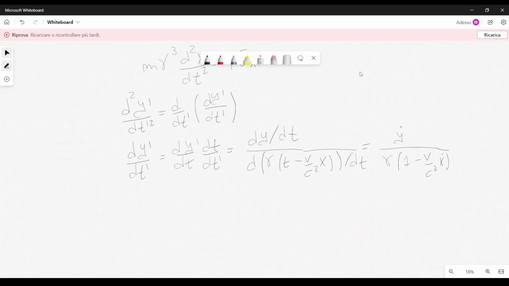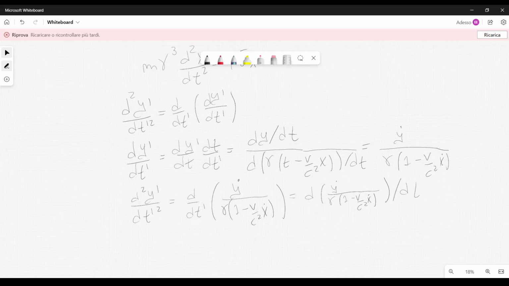and therefore we can calculate d squared y prime over dt prime squared, which is equal to the derivative with respect to t prime of what we just found, y dot over gamma (1 minus v over c squared x dot), which is equal to the derivative of y dot over gamma (1 minus v over c squared x dot) with respect to dt, and then divide by dt prime over dt.